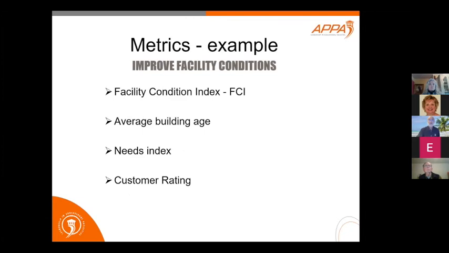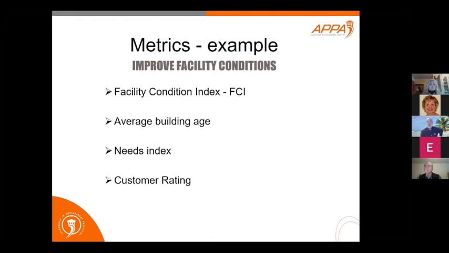And then you want to look at other things such as the overall facility condition index, the average age of your buildings. When was the last time your building saw a major renovation and had its age reset? Maybe not back to zero, but something much lower than, let's say, the 50-year planned life of the building. What's the needs index of the campus?